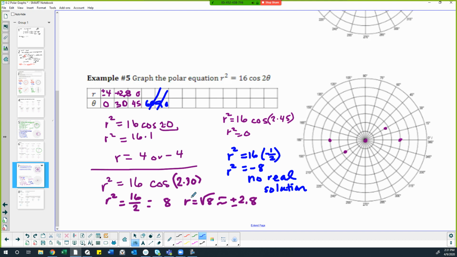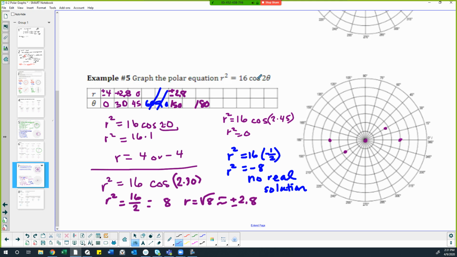Okay, so then let's go to 150. 150 is going to be 300, and the cosine of 300 is a positive number in the fourth quadrant. So that will take us back to our plus or minus 2.8. And then I'm going to just go to 180, spreading out here because I don't need that much room.